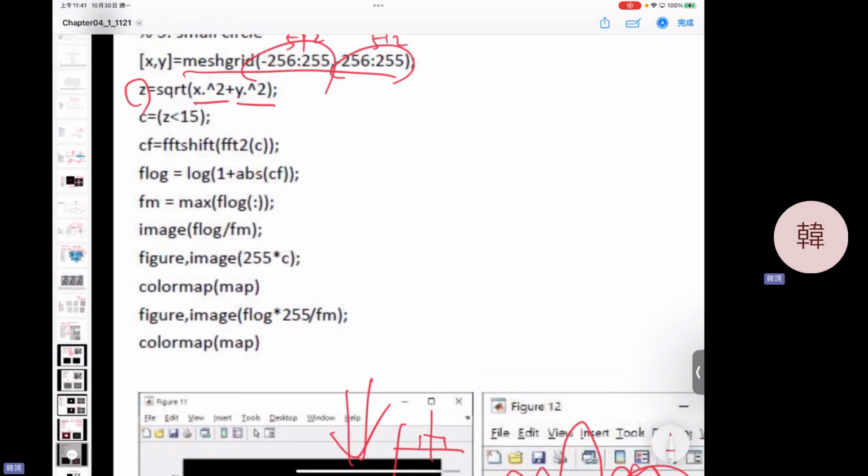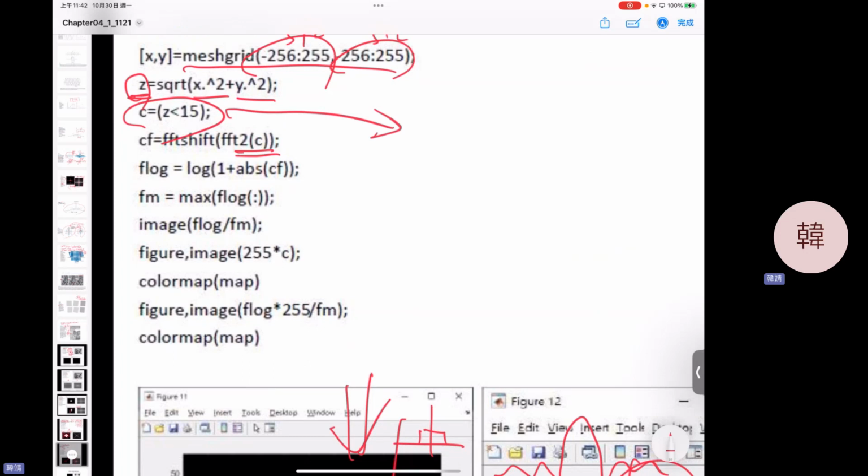It uses x squared plus y squared and takes a square root. So we have the radius as a new parameter. And if it's more than 50, what are we going to do? Then the Fourier transform. So this image C is a circle image with a radius of 50.